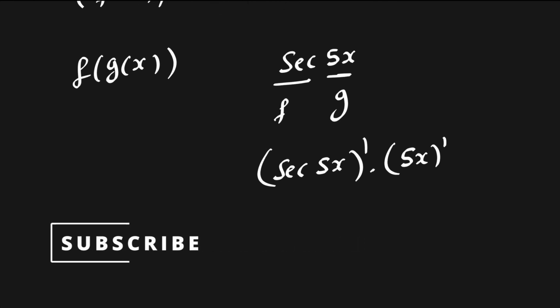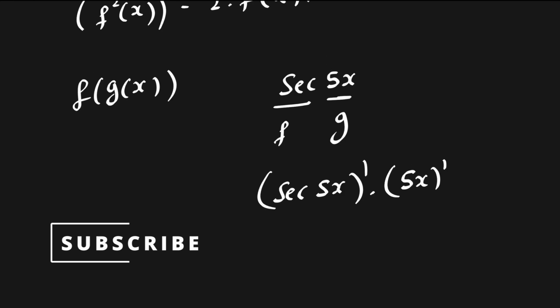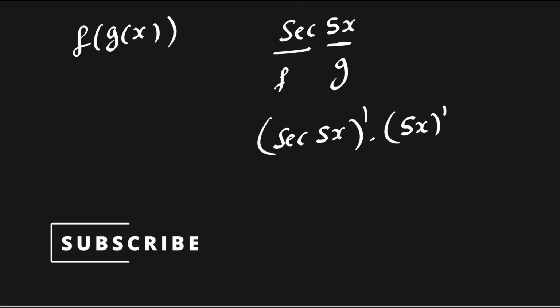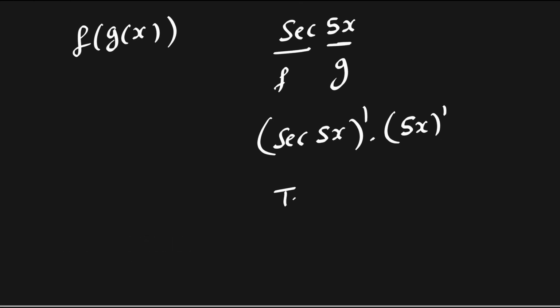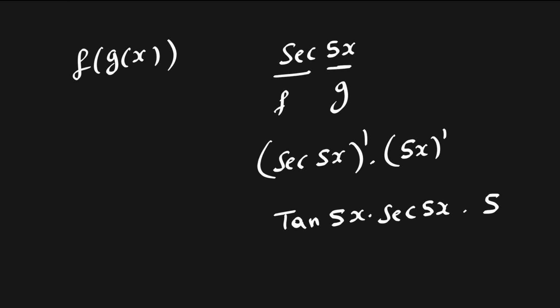So in the same way, with secant 5x, we're not concerned about the result of the derivative of secant or of 5x. We know secant 5x derivative is tan 5x times secant 5x, and then derivative of 5x is 5.